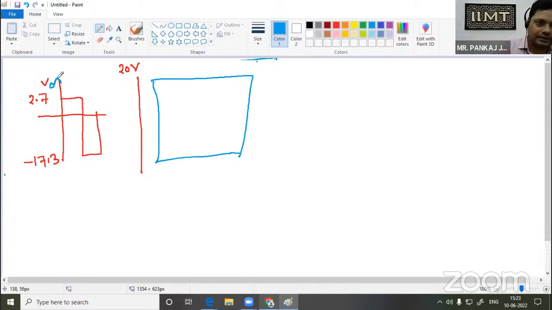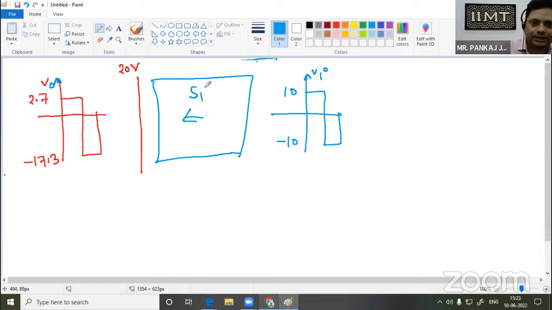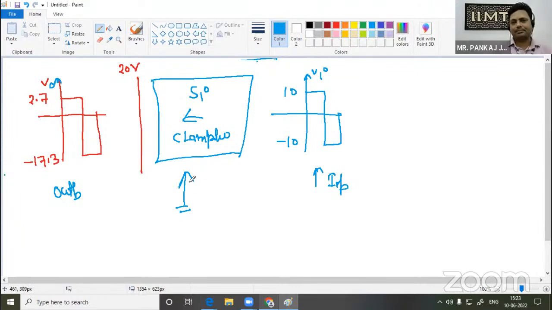which is having this output when our input is 10 to minus 10 volt. This is my input and this is the desired output, and we have to design our clamper circuit. That means we are having our input and output both, and they are asking us to design a clamper circuit.